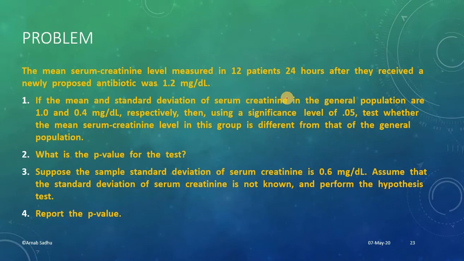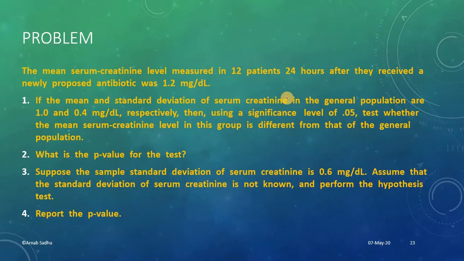This is the population mean, 1, and the population standard deviation, 0.4. So we know the population standard deviation here. The significance level in this question is 0.05. We have to test whether the mean serum creatinine level in the group is different from that of the general population.